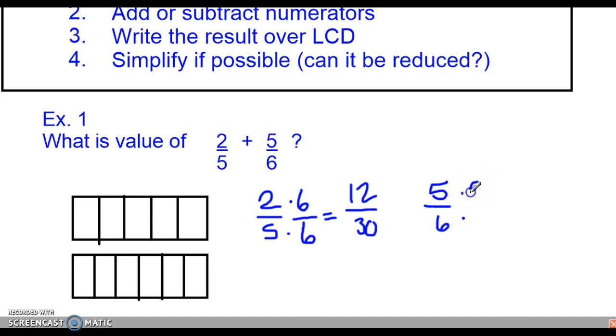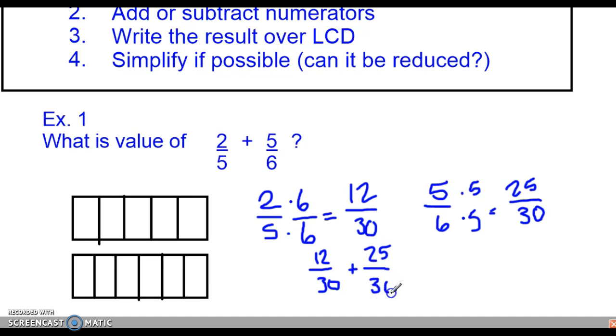So here I'm going to multiply by 5 over 5, resulting with 25 over 30. So 25 over 30 is an equivalent fraction to 5/6. So I'm going to rewrite my equation as 12 over 30 plus 25 over 30.